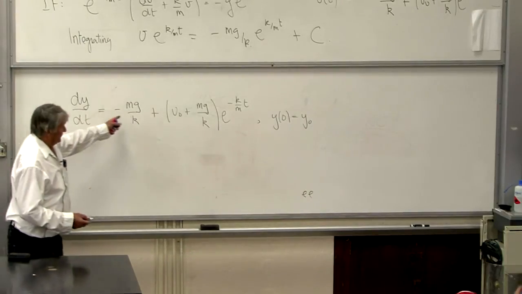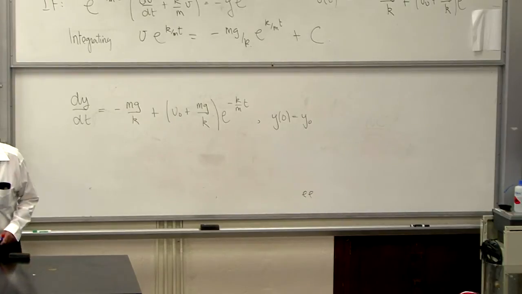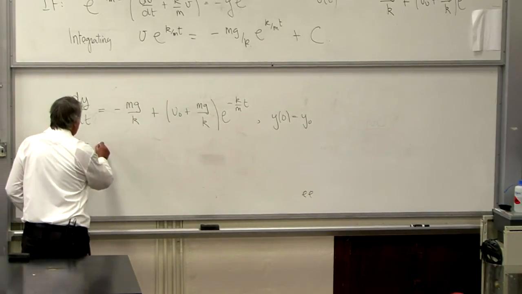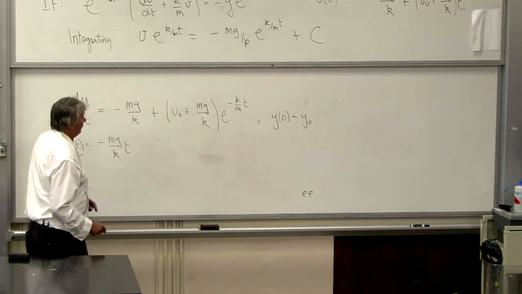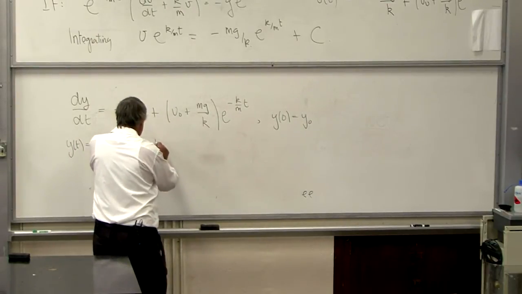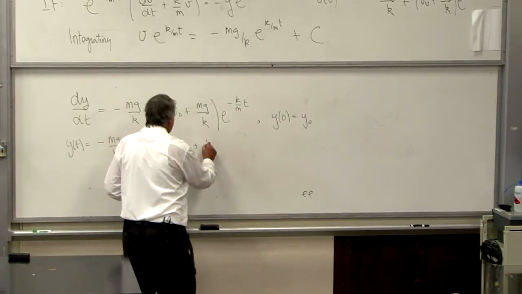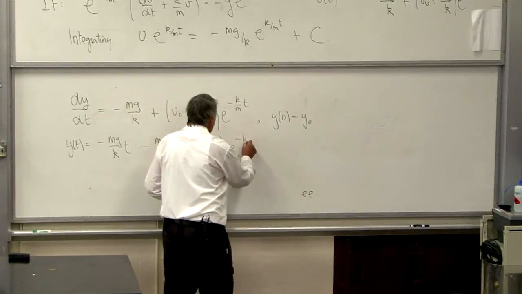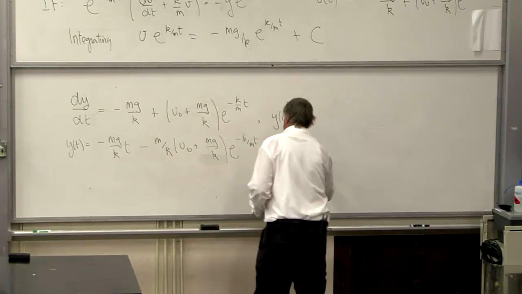Well, this isn't even a differential equation, we just integrate. So y of t is equal to minus mg over k times t plus, or sorry, minus this, which is m over k times v0 plus mg over k e to the minus k over m t, plus a constant.